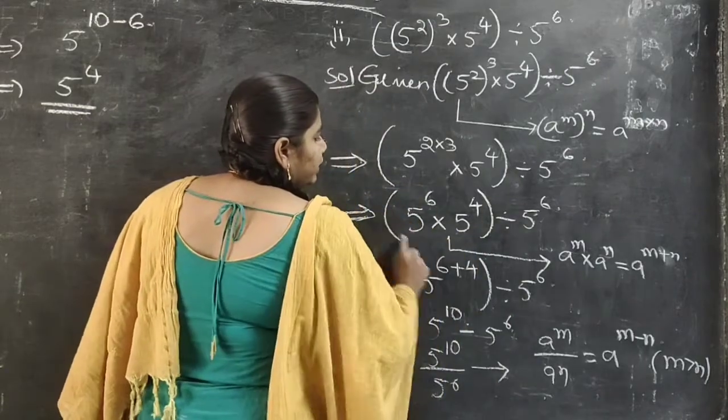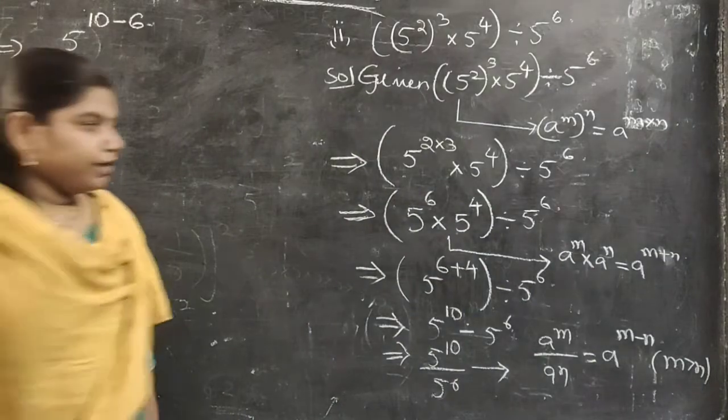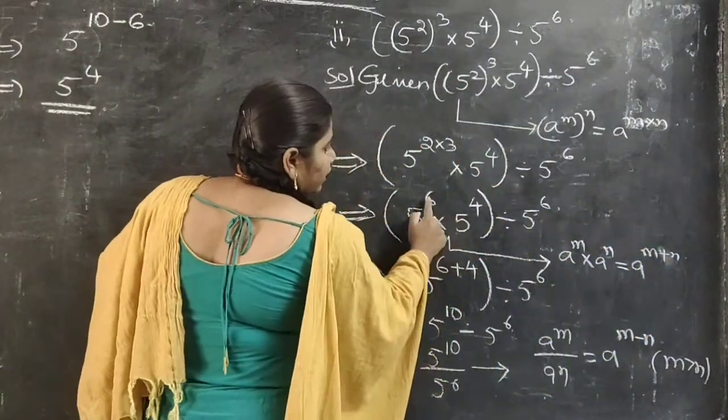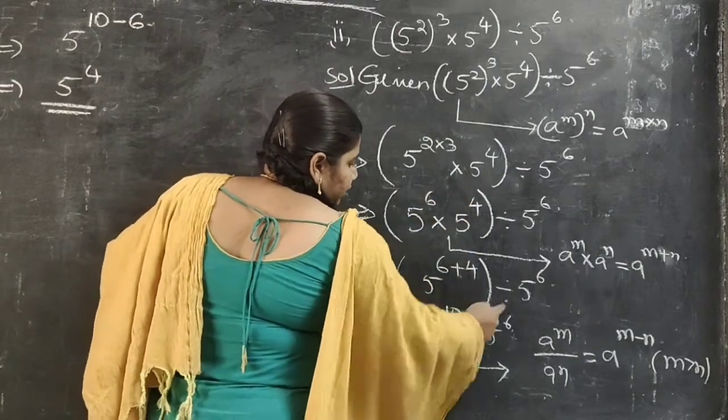Now this whole term is in the form of a power m into a power n, that we can write in the form of a power m plus n. So add, both the bases are equal, we have to add the powers. 6 plus 4 will be 10 divided by 5 power 6.